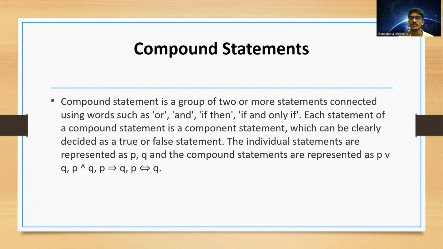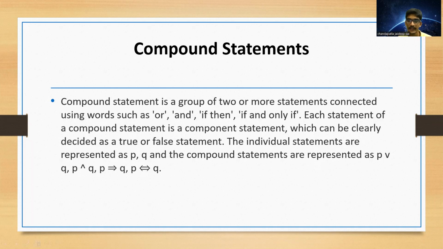So coming to the compound statements, the two statements, which are either true or false, are connected by using the words or, and, if then, if and only if. These types of words are used to connect two statements to get the outcome as compound statements.